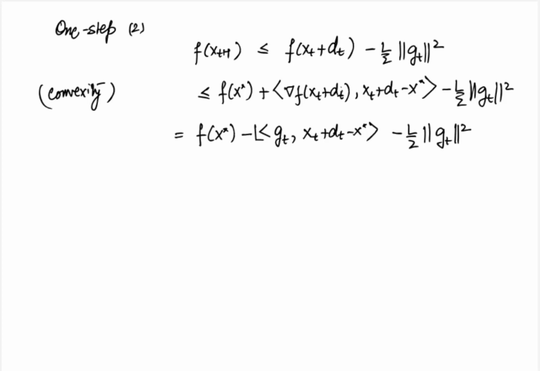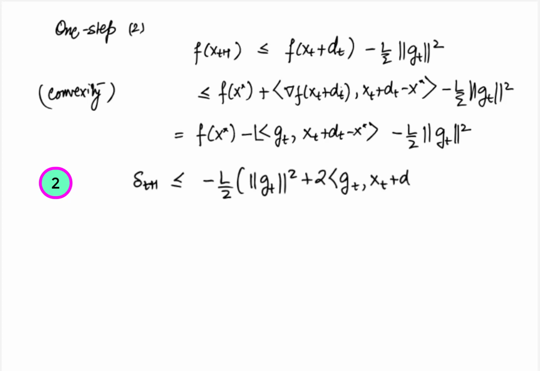Finally, using our notation for the optimality gap, we get that delta t plus 1 is less than or equal to minus L by 2 times norm square of gt plus 2 times inner product of gt comma xt plus dt minus x star.